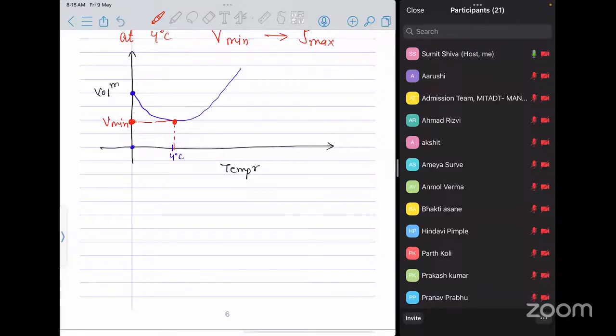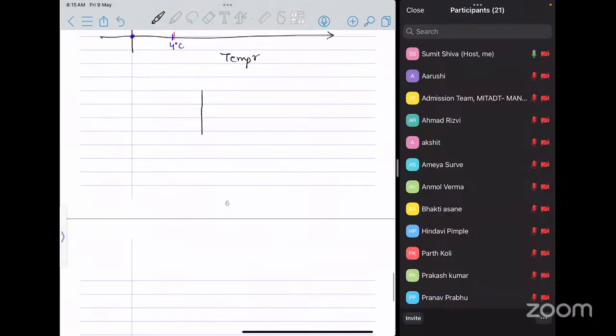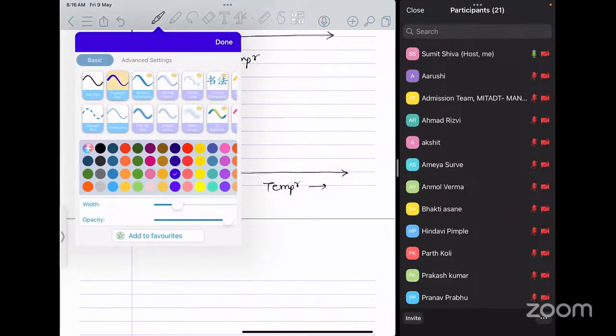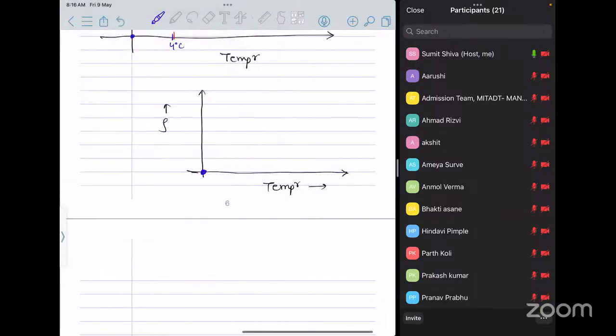And in case of density, the graph will be opposite. Let's say this is temperature and here we have density. This is 0 degrees Celsius. At 0 degrees Celsius, there will be certain density of the material, water. And then we have 4 degrees Celsius, and then again we have different temperature scale.